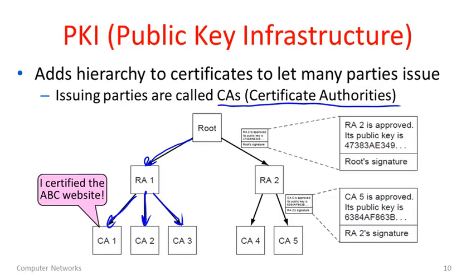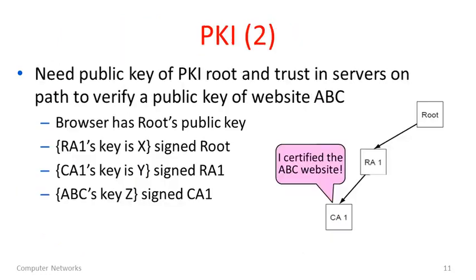Of course, we still need to be able to verify that these certificates are good. Here we have a situation where a particular certification authority, CA1, is certifying the ABC website. So CA1 would be sending a message which says, for the ABC website, this is the public key. Suppose we get that, we would like to know if that's actually correct, because we don't yet know CA1.